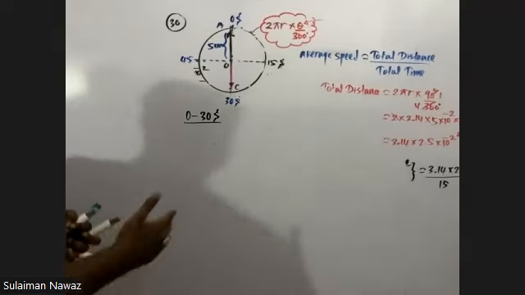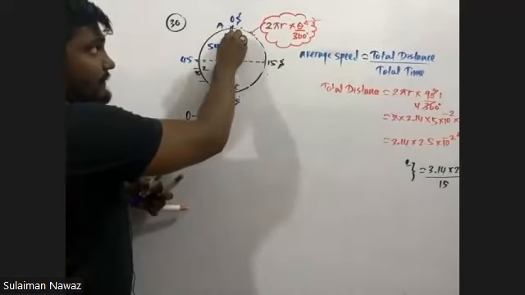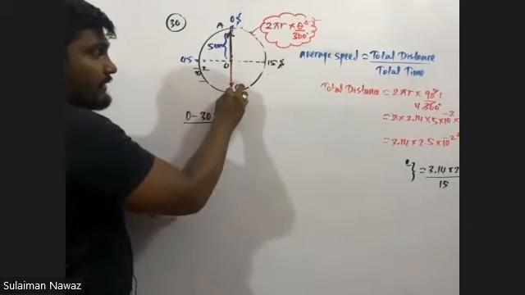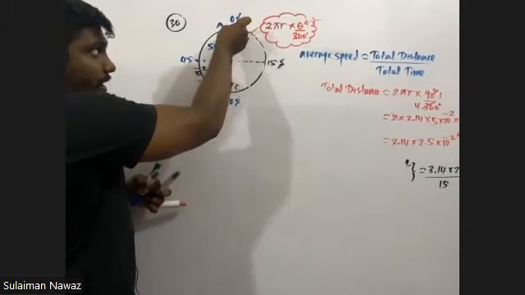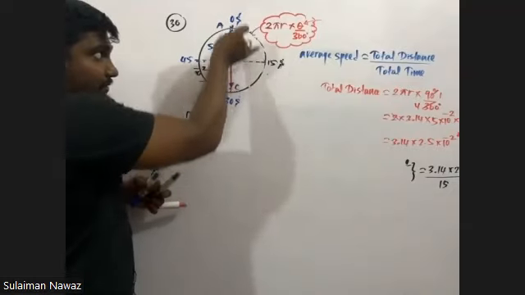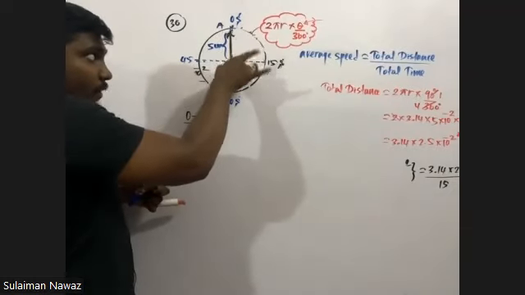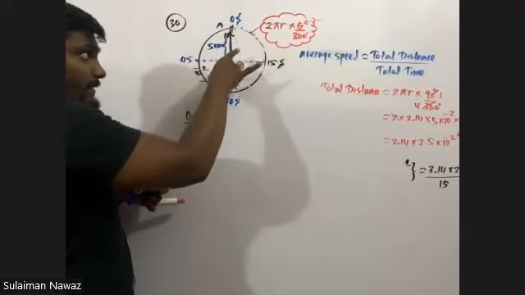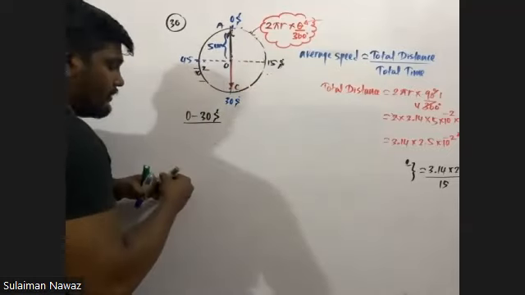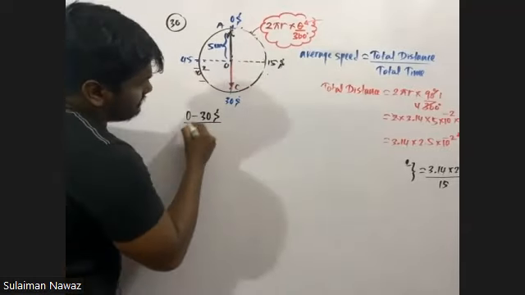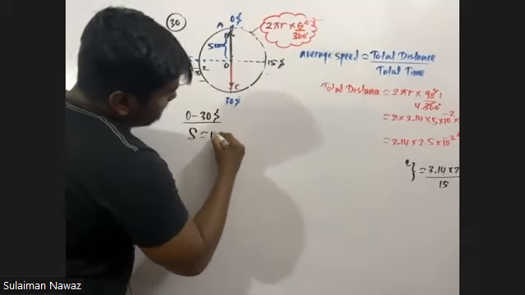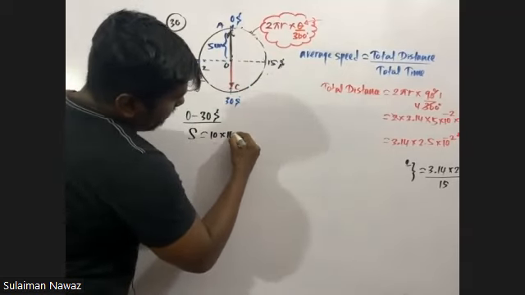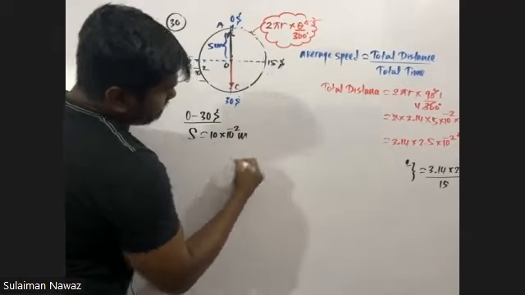Yes. Very easy. Initial point is here. Final point is here. The distance between point capital A and point capital C, a straight line, that is what we call displacement. 5 centimeters plus 5 centimeters, 10 centimeters. So therefore displacement is 10 centimeters. If I convert to meters, times 10 to the power minus 2 meters.